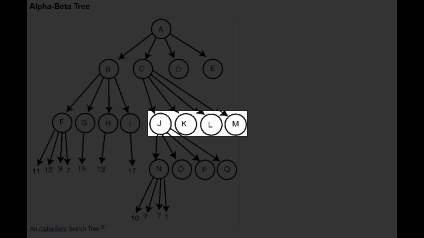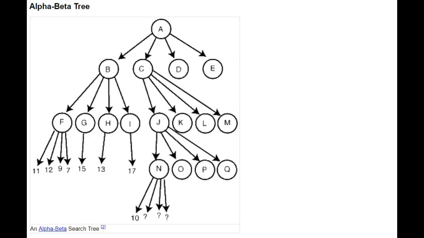We took a risk that everything will be as expected, and we will get a much faster tree search, but sometimes it fails. That's why we need to research C with a wider alpha beta window. Now C is the new PV node, and the new PV line will be A to C, C to, let's say, J to N.